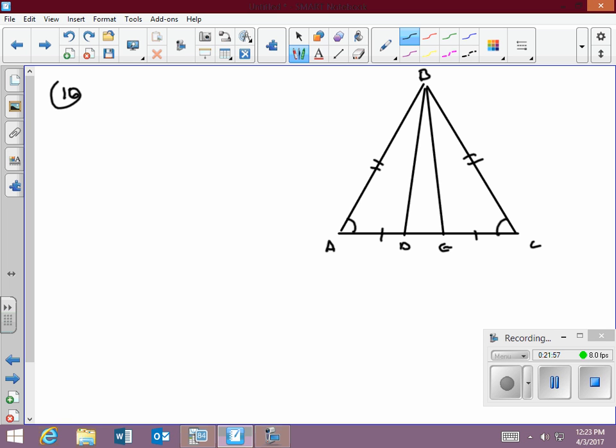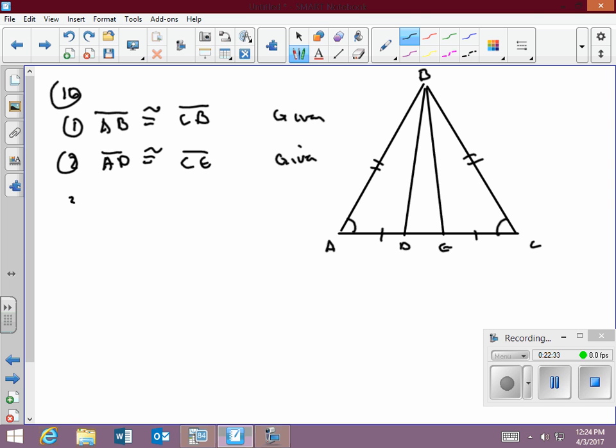So what you would do is say number one, AB is congruent to CD, that's given. And then AD is congruent to CE, given.